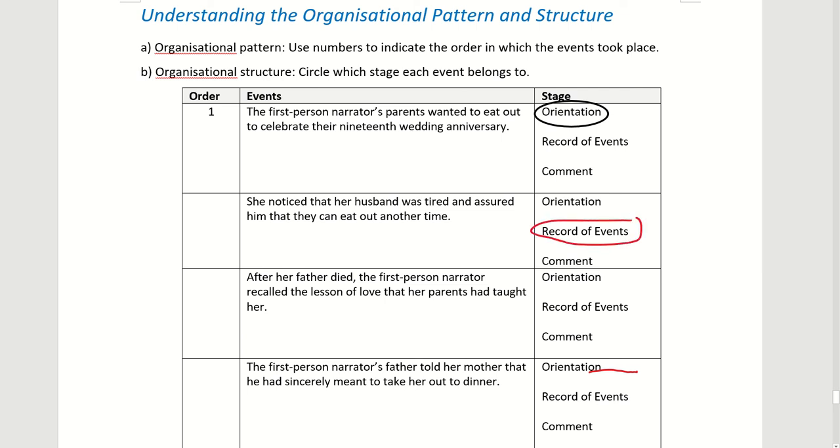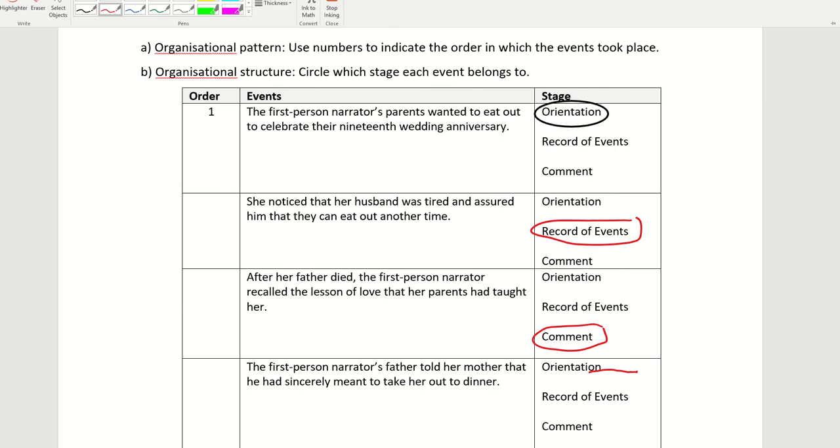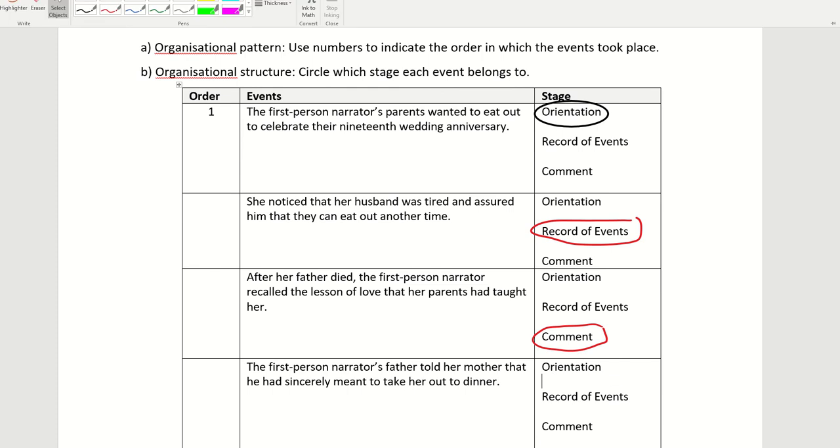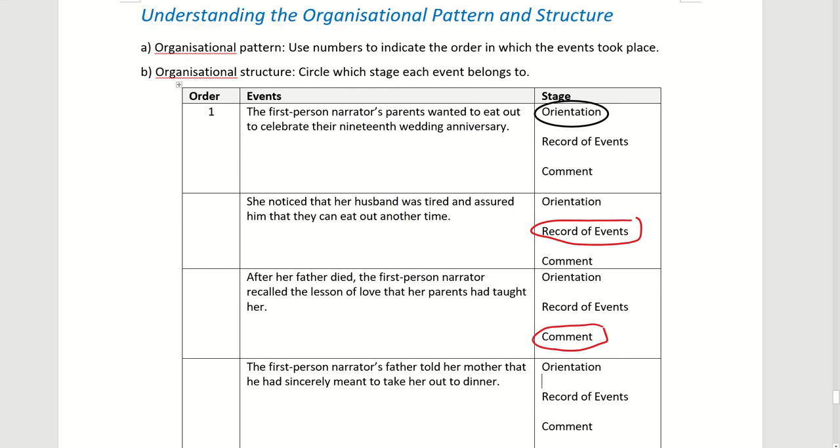After her father died, the first person narrator recorded the lesson on love that the parents had taught her. That's a comment. Okay. Do the eraser and erase this first. Okay, next. The first person narrator's father told her mother that he sincerely meant to take her out to dinner. That's a record of events. What has happened?